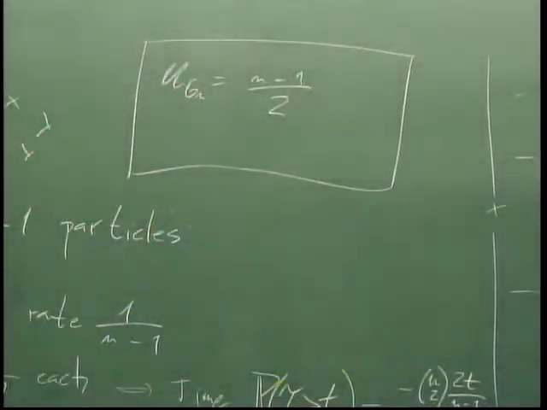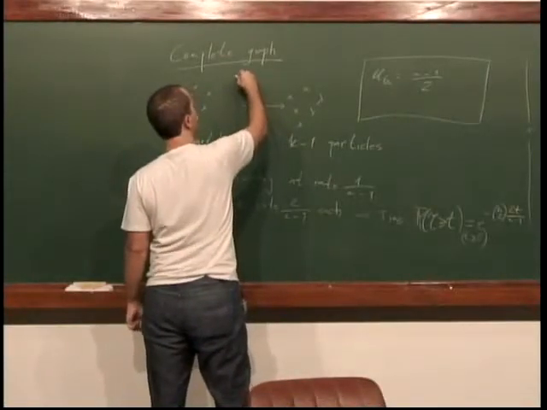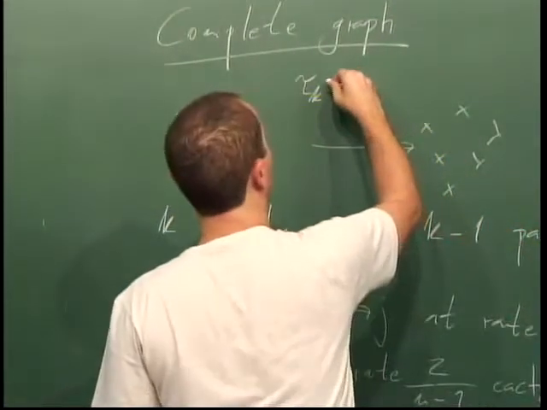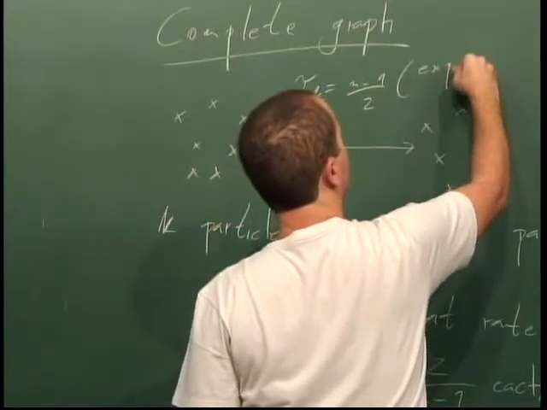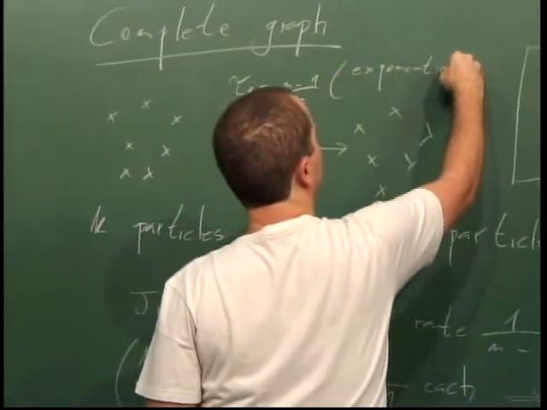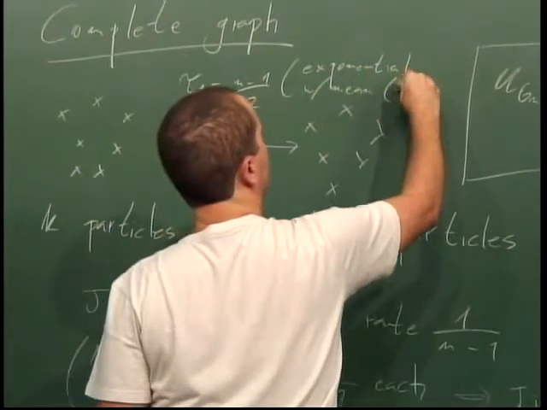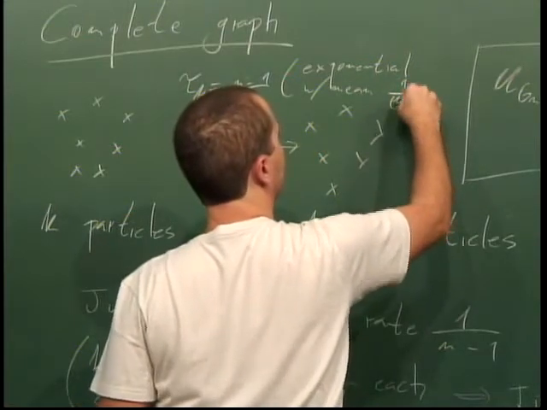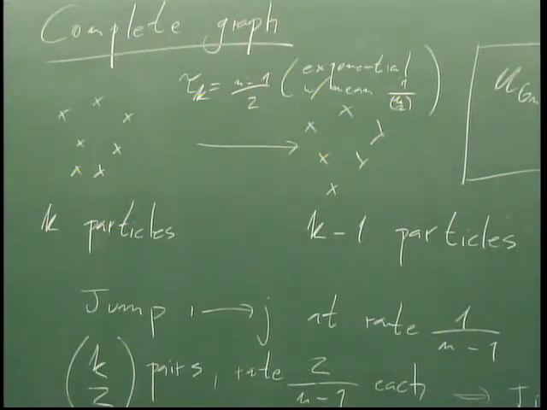So when you divide by the scaling factor, you could say that tau sub k is n minus 1 choose 2 times an exponential with mean 1 over k choose 2. So this is what it looks like.